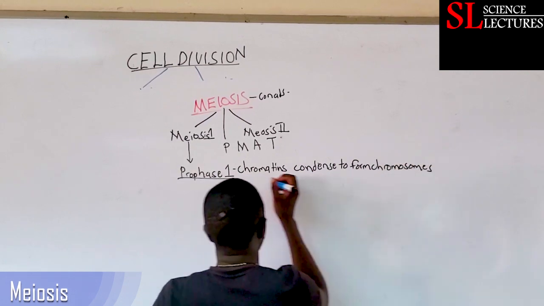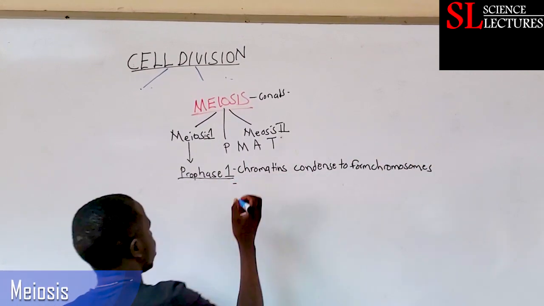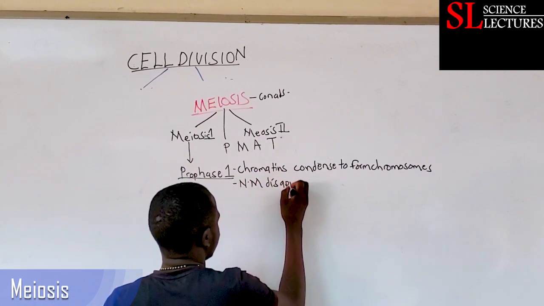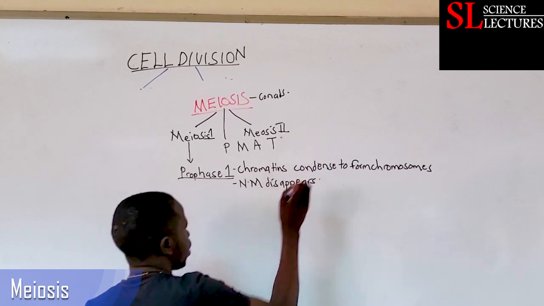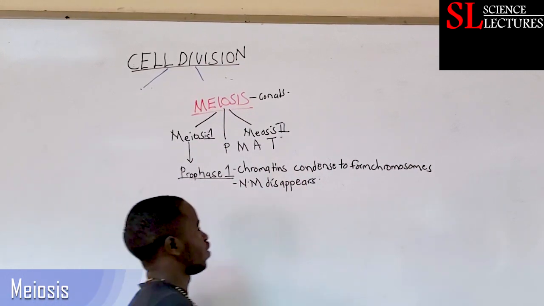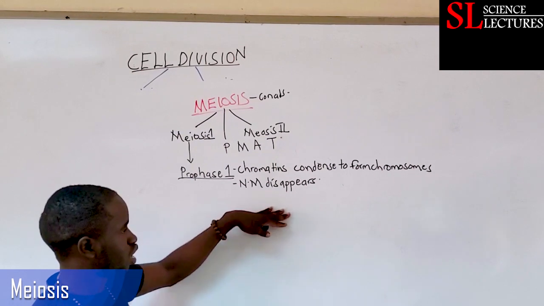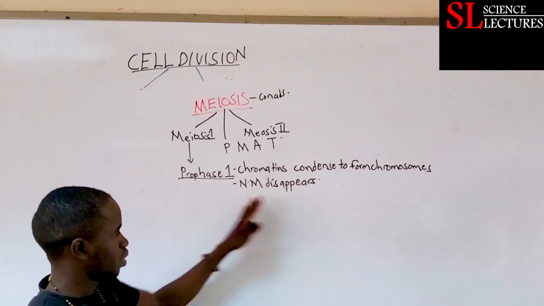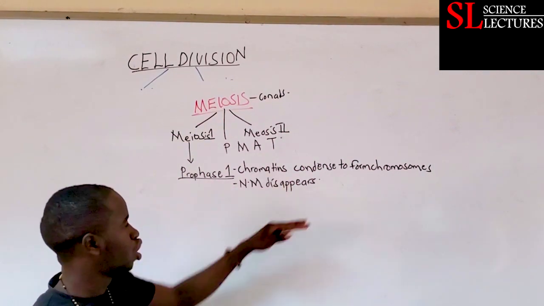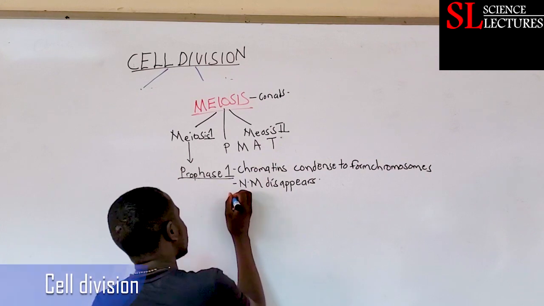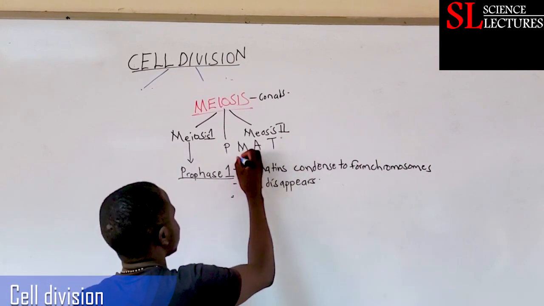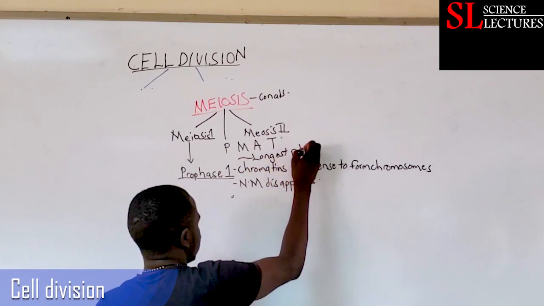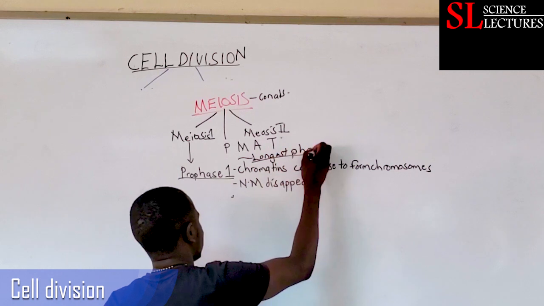Then number two, the nuclear membrane disappears. We say the disappearing is a result of phosphorylation of the various nuclear proteins, things like lamins that make up the nuclear membrane. They become phosphorylated, leading to its dissolution. Before I forget, prophase 1 is the longest phase of meiosis.